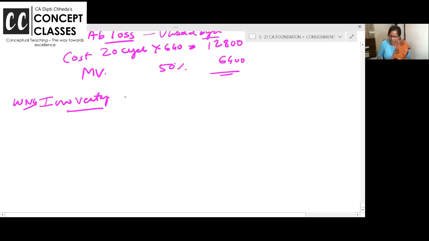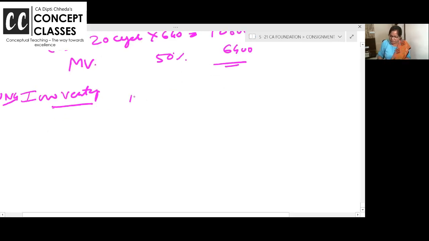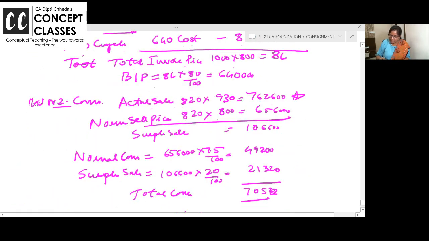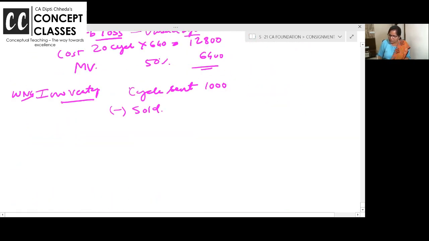Okay, now inventory. How many bicycles are sent? Total 1,000. Cycles sent 1,000. How many are sold? You wrote the number of units sold, 820. Balance 180.